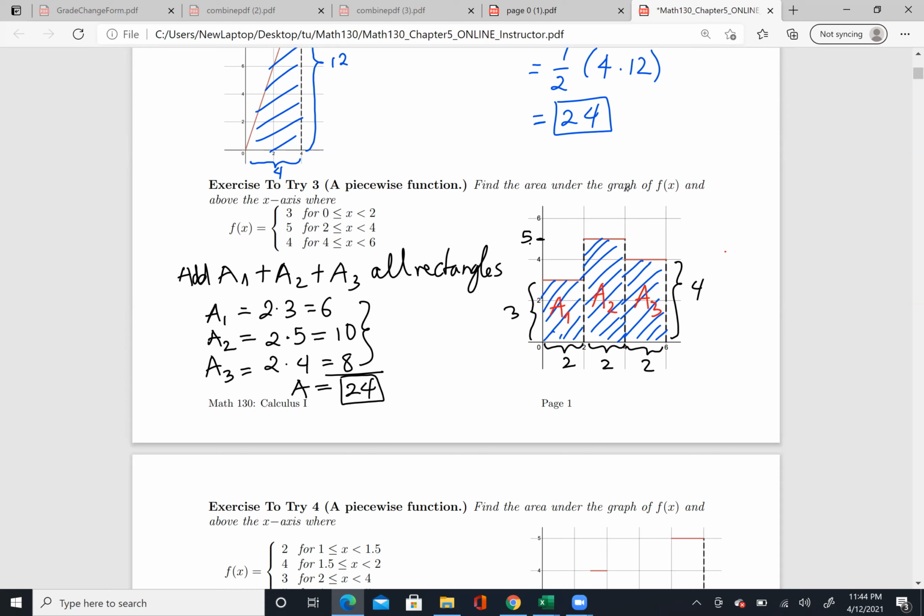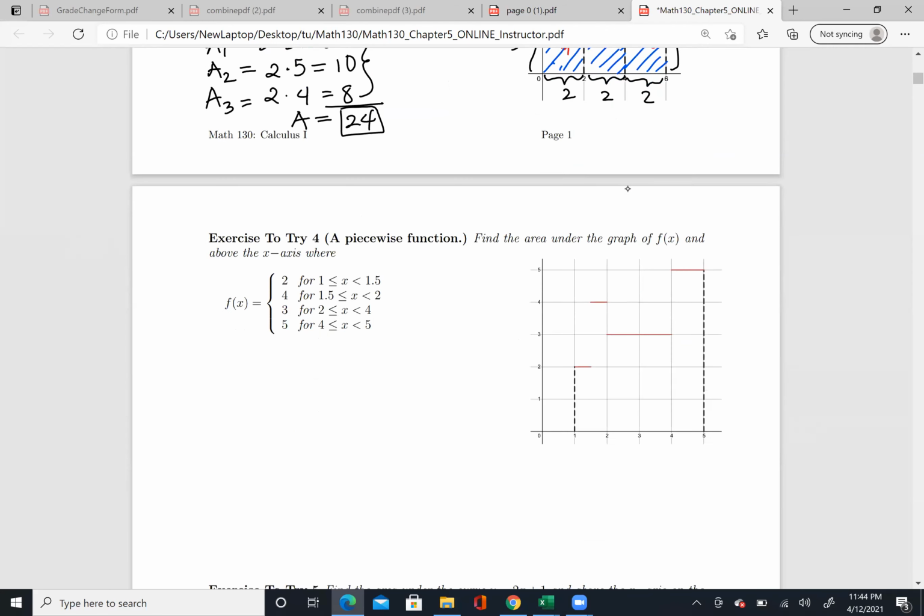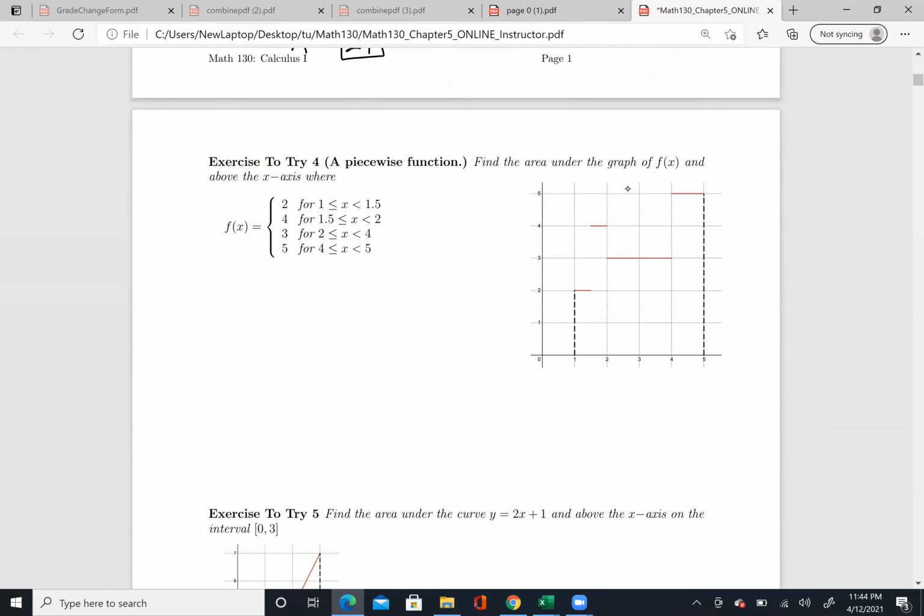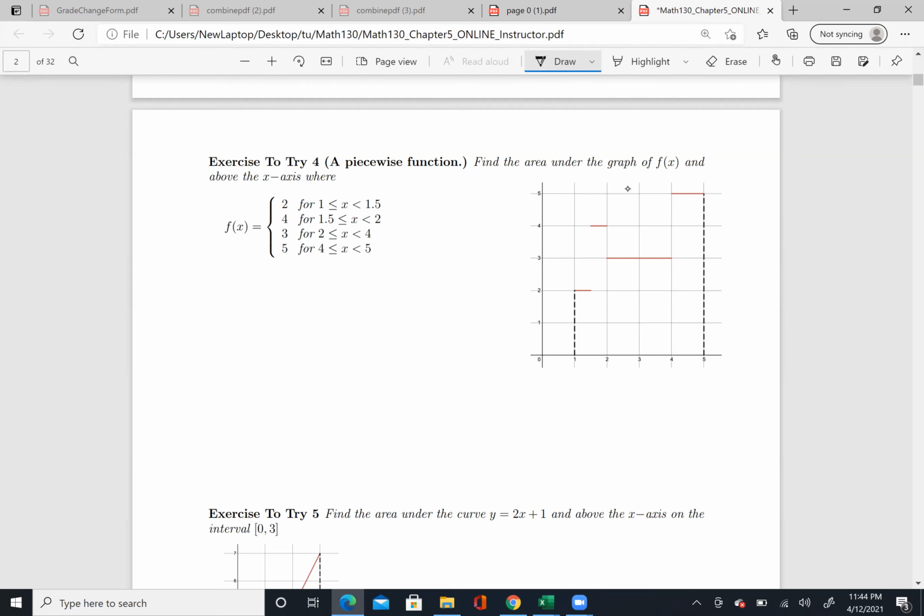Okay, so how about I try another piecewise function in exercise number 4 here, and I still want to find the area under the graph of f(x) and above the x-axis, right? Where f(x) equal to 2 for x from 1 to 1.5.